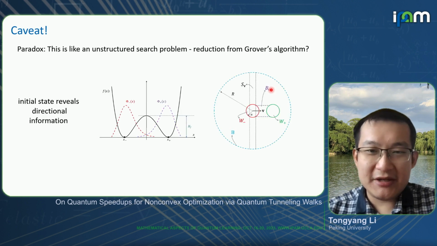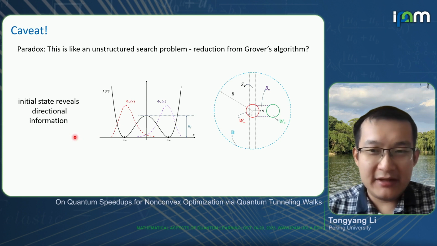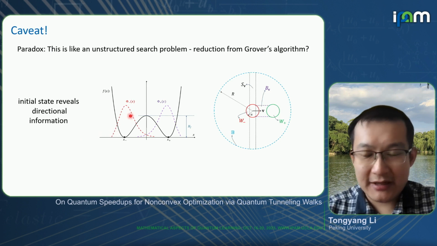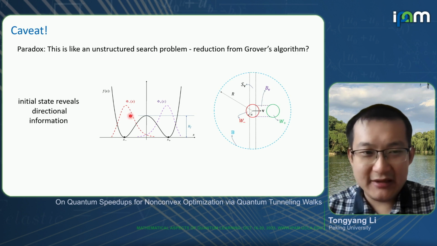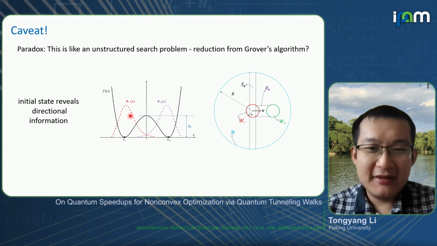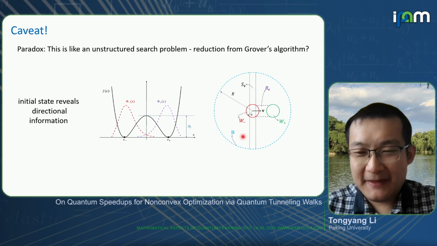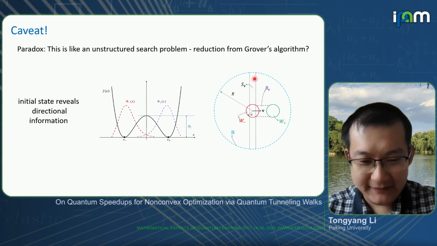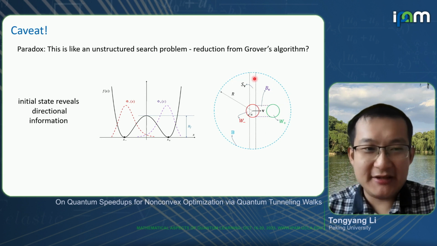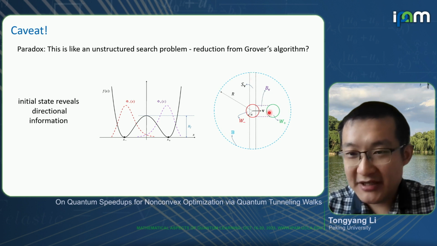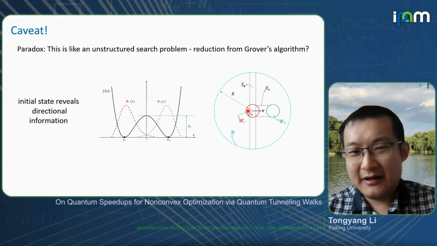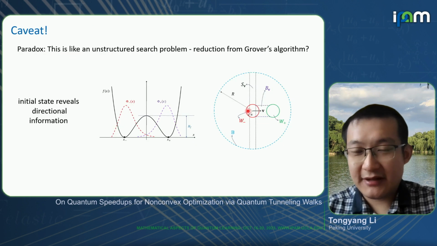So the thing is that we made some calculation, and we notice that for this specific problem, the initial state, where we assume we have the quantum initial state near a local minimum, for this kind of landscape, the initial state reveals the directional information. Preparing this kind of initial state can in general be difficult.